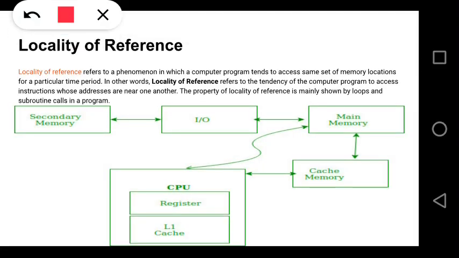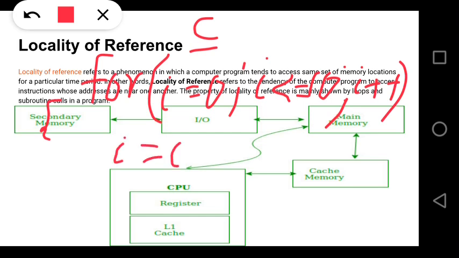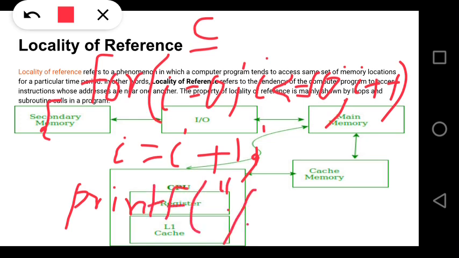Suppose this is my for loop in C programming language: for i equals 0, i less than or equal to 10, i plus plus. And inside, i equals i plus 1 and printf percent d.